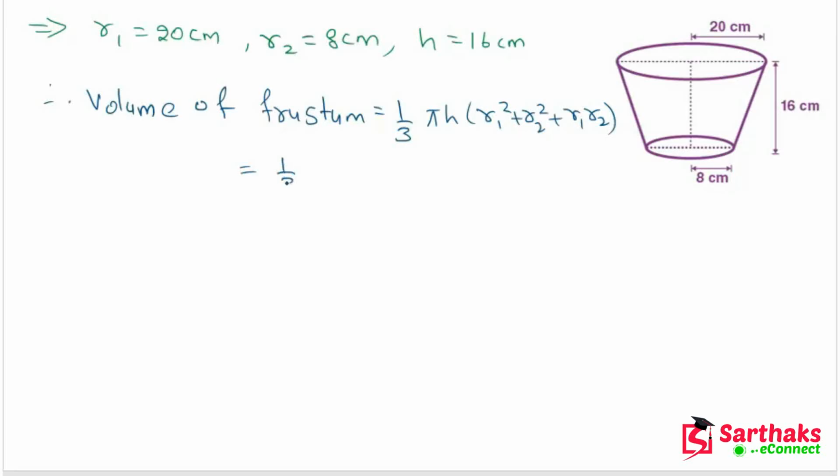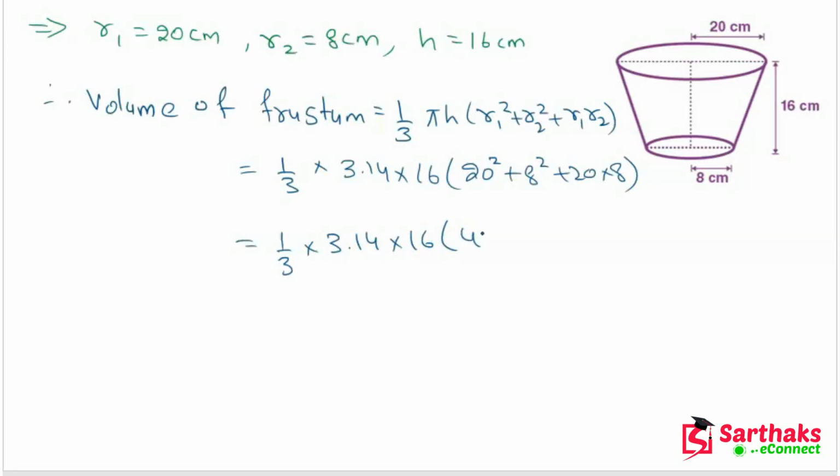So 1 upon 3 into 3.14, this is the value of pi, we can also use this, and h is 16 into (R1 is 20, square, plus 8 square plus 20 into 8) bracket close. Now, my dear friends, 1 upon 3 into 3.14 into 16 into 400 plus 64 plus 160.